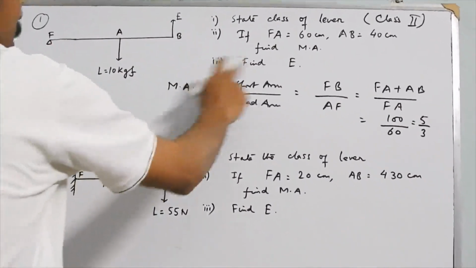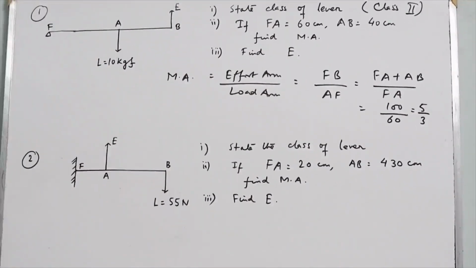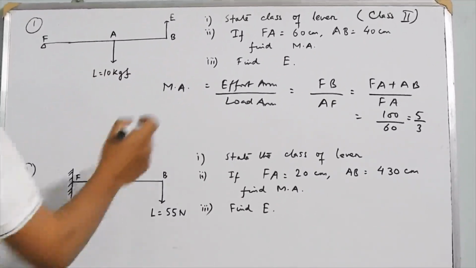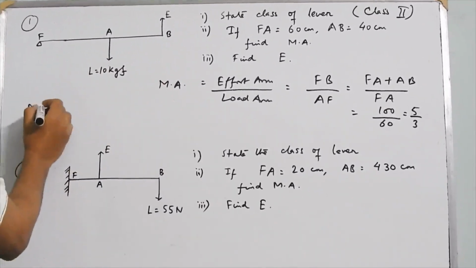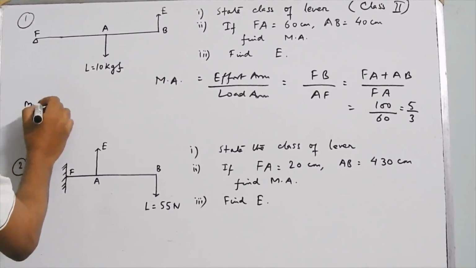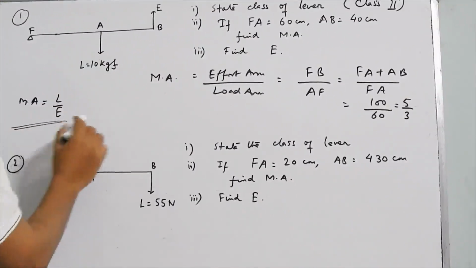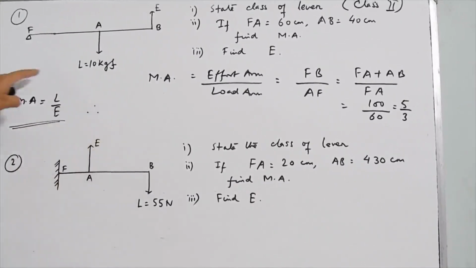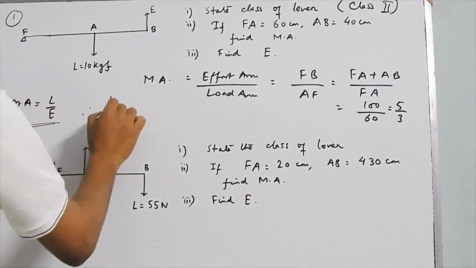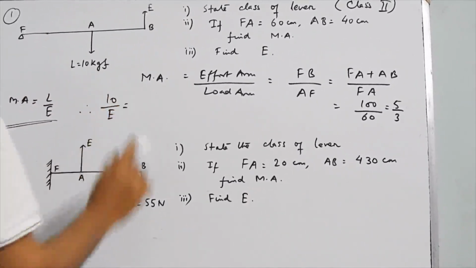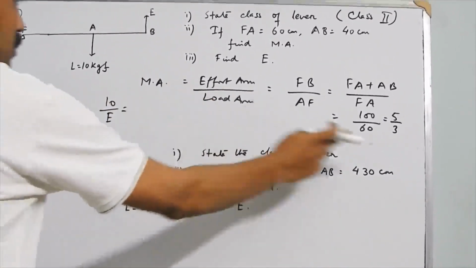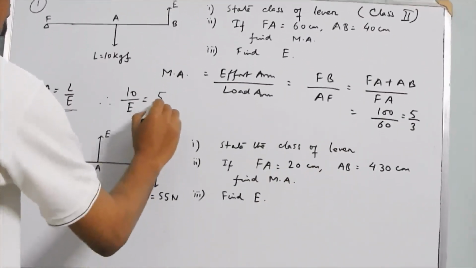Now it is given to find E or the effort. We know that mechanical advantage is also load upon effort. So therefore we can say that load, that is 10, by effort E is obviously the mechanical advantage value that we have calculated, that is 5 by 3.